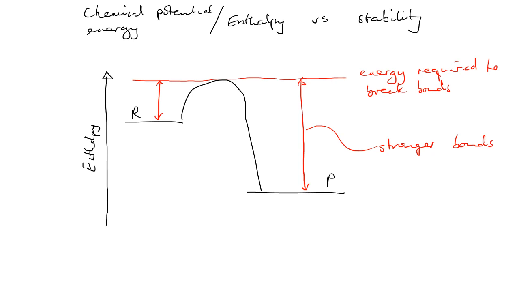And at the same time, we can see that if you take a look at the chemical potential energy of the products, it is less than the chemical potential energy of the reactants. So we can see that stability is actually the reverse of enthalpy.